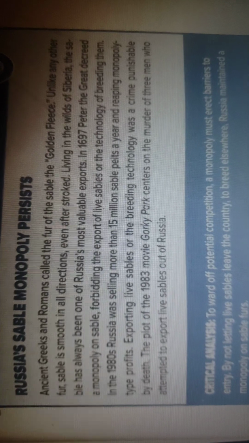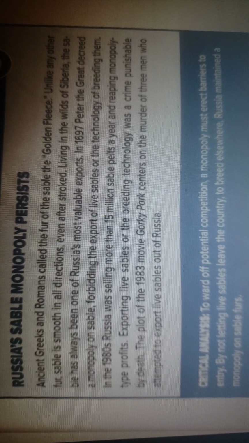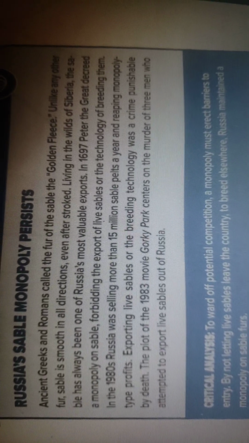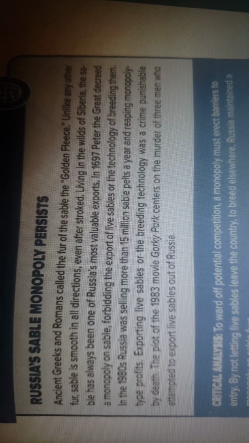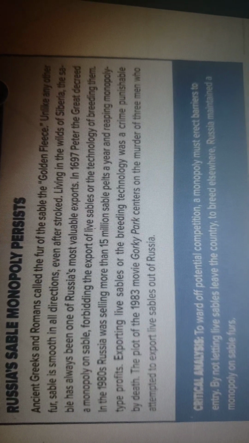Peter basically did not want anyone else to be producing these furs. In the 1980s, Russia was selling more than 15 million sable pelts a year and reaping monopoly-type profits. Exporting live sables or the breeding technology was a crime punishable by death.